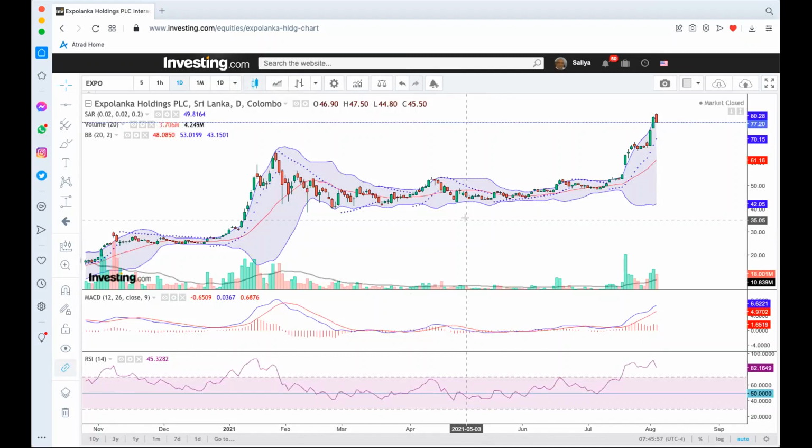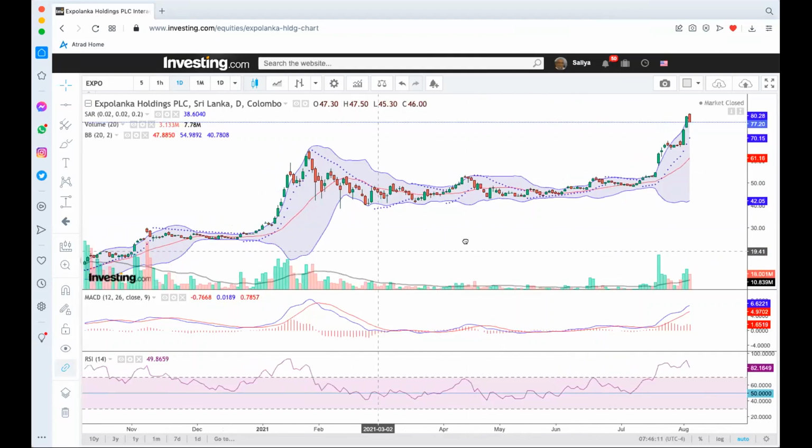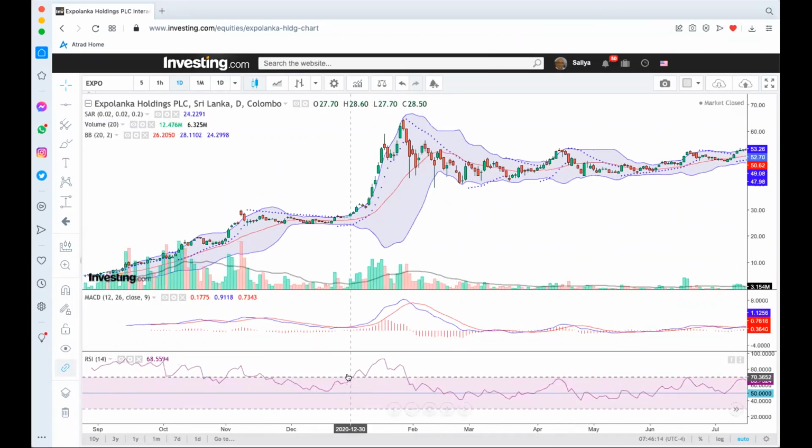But what you can experience is that when there are very strong rallies, these indicators give you fantastic returns. I'll give you one example. Take just the RSI. This is something I'm always telling people.